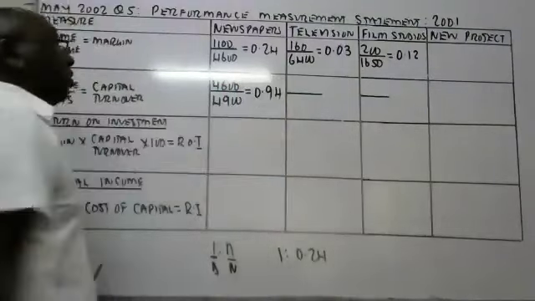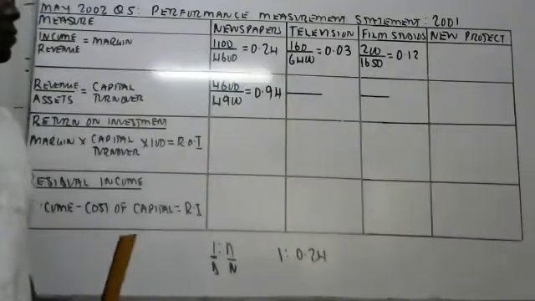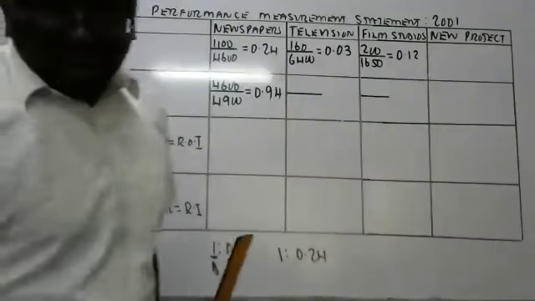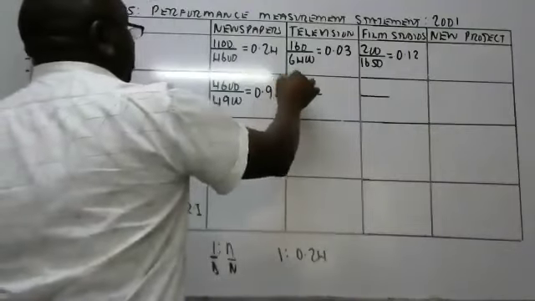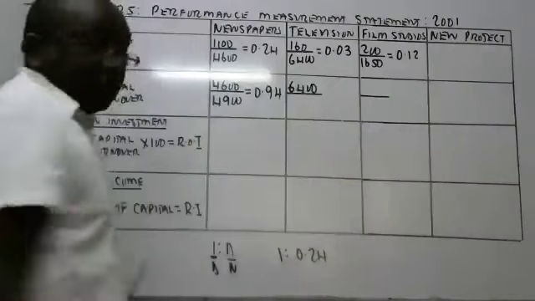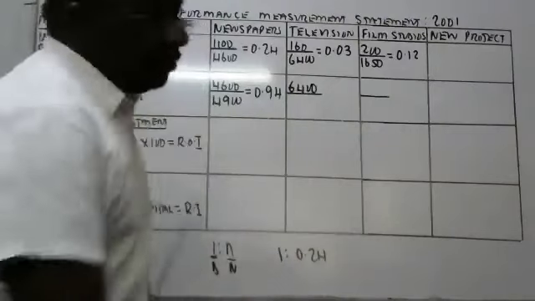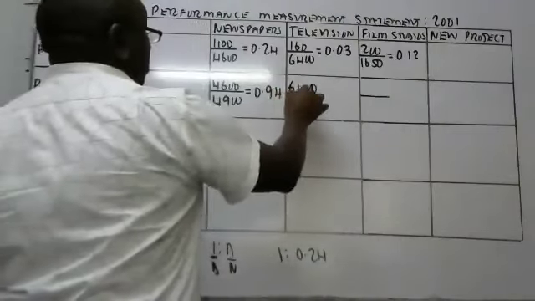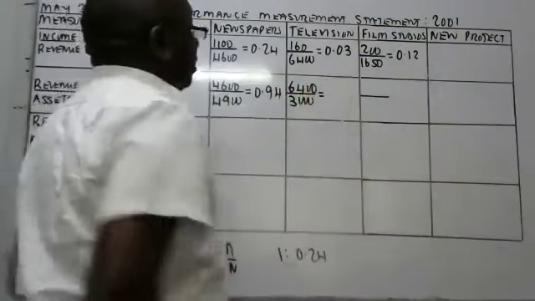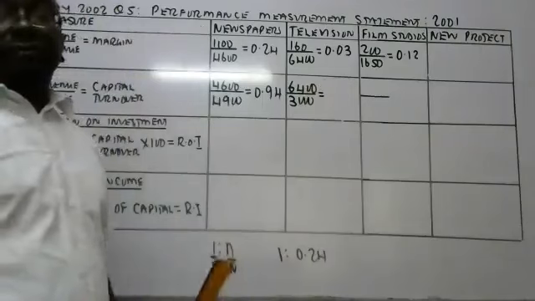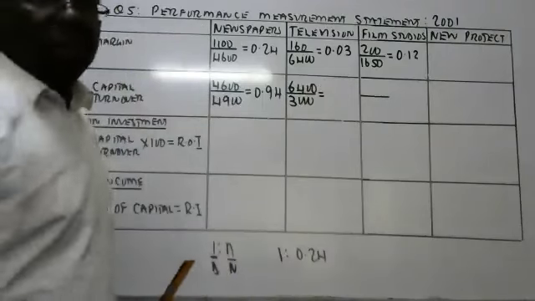$0.94. Let's confine ourselves to decimals. Then this other one has a revenue of 6,400 and an asset base of 3,000, which gives 2.13.